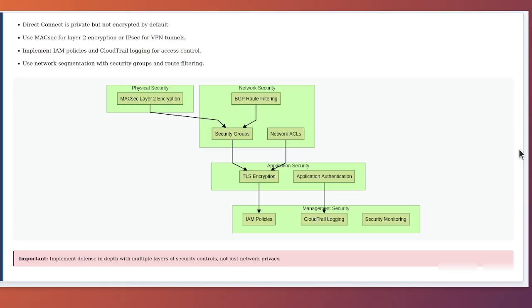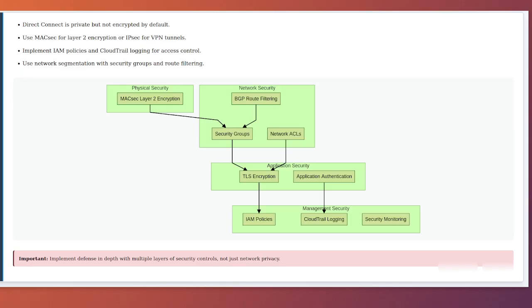Application-level encryption is also important. Even if you encrypt at the network level with MACsec or IPsec, you should still use TLS for web traffic, encrypt databases at rest and in transit, and follow your organization's data protection policies. Defense in depth means implementing security at multiple layers, not relying on a single control.